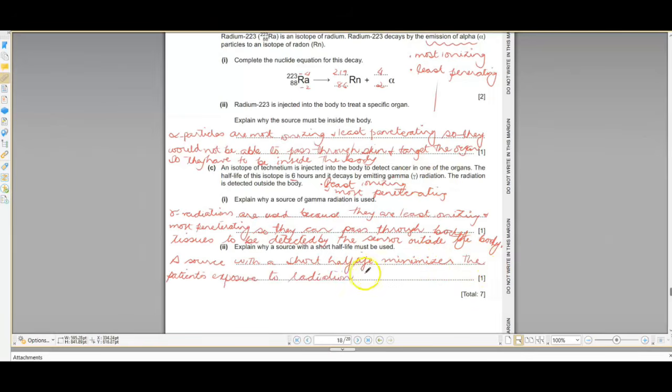The isotope decays quickly, quickly reducing the risk of harm to the healthy cells and organs.